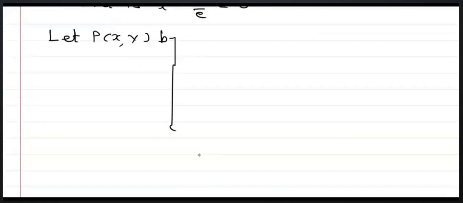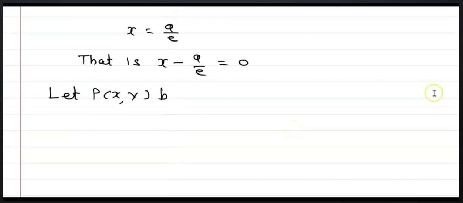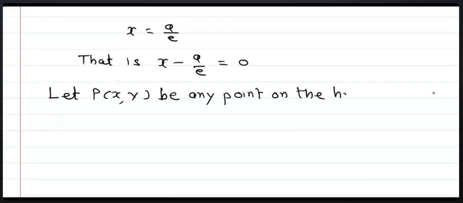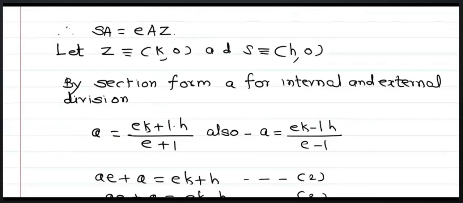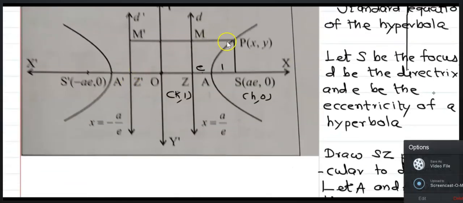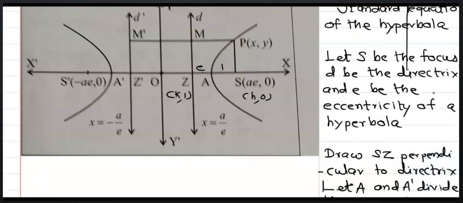Now we'll apply the focus directrix property. Let P(x, y) be any point on the hyperbola. This is the point on the hyperbola. And then we take the ratio SP upon PM, that is equal to e.